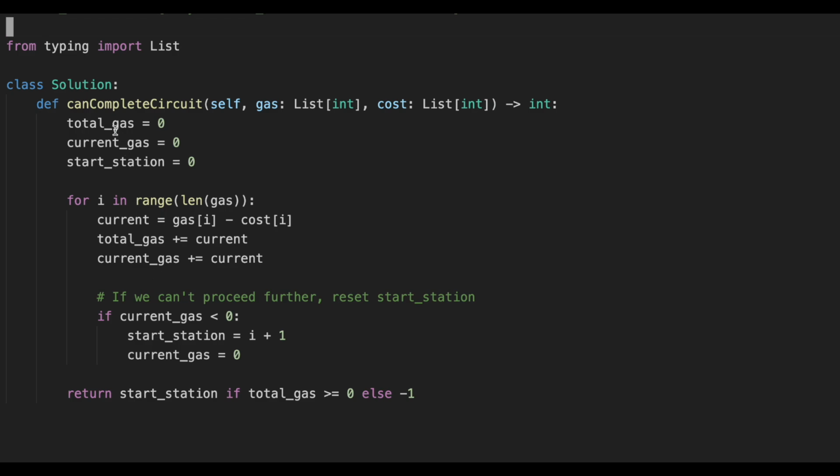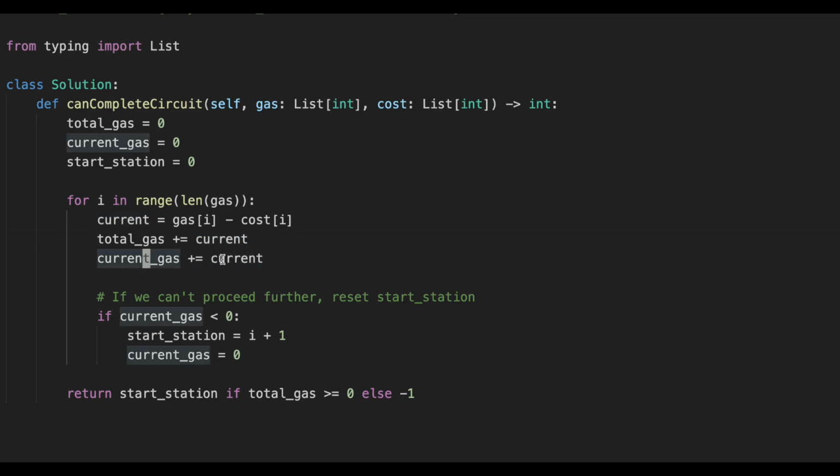That's exactly what we're going to do. We initialize 3 variables: total gas, current gas, and the start station. At each step we take the difference between gas and cost and add it to our total, and we also add it to the variable current gas.